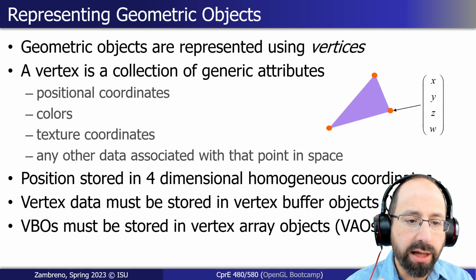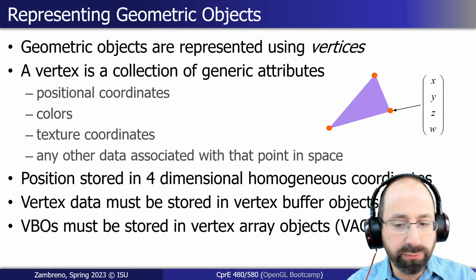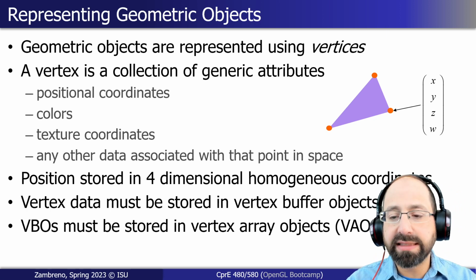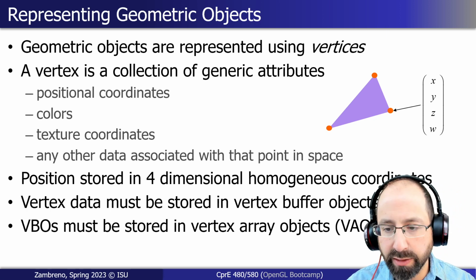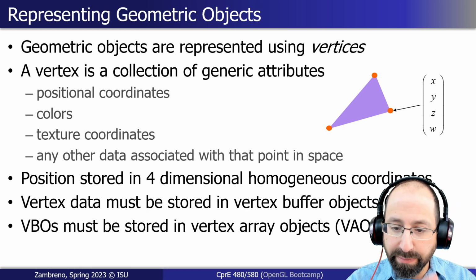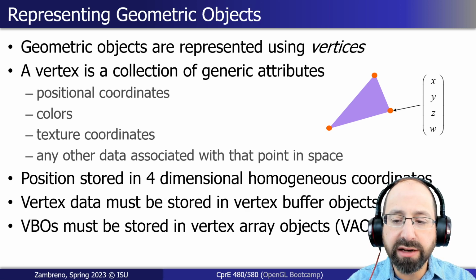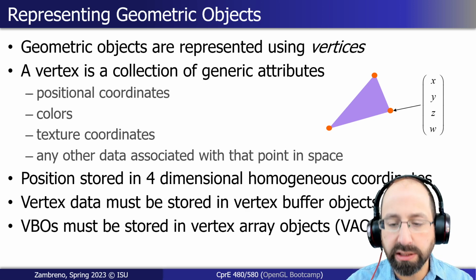Let's talk geometric objects. This would be true in all other graphics libraries as well as within OpenGL. We have objects in a scene and they're composed of these geometric primitives, which themselves are described by vertices. A vertex in modern OpenGL is just a collection of data values associated with a location in space.